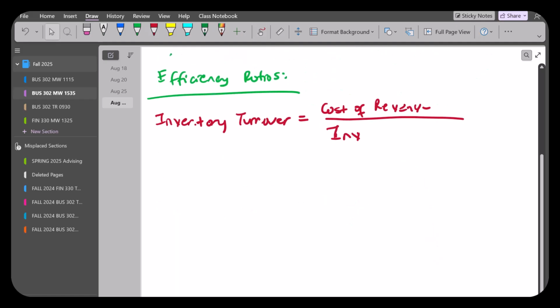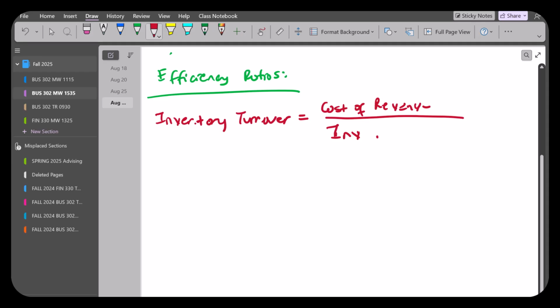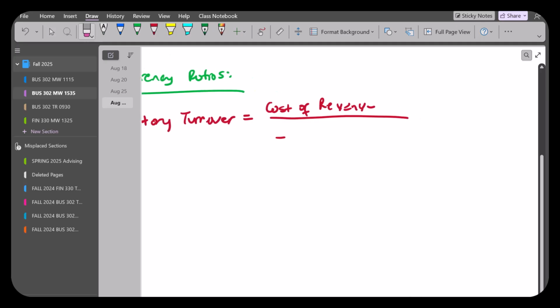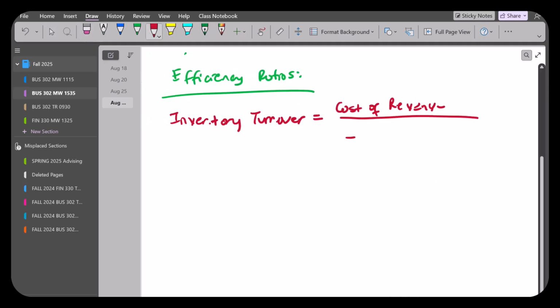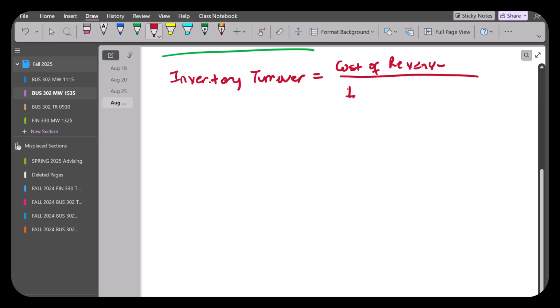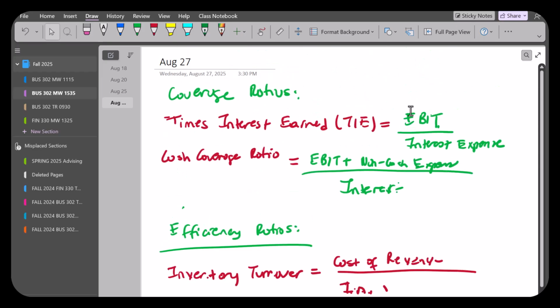Don't know why it's not cooperating with me. Maybe the right here. Revenue. The reason we make comparisons to cost of revenue, inventory, just a second.